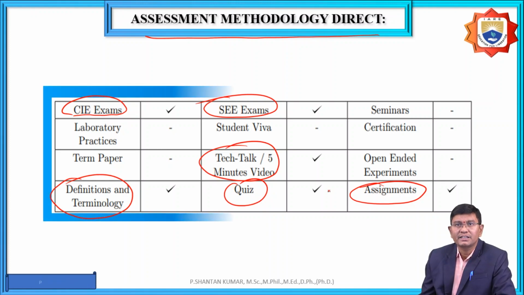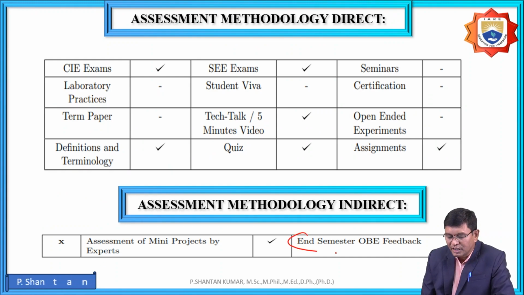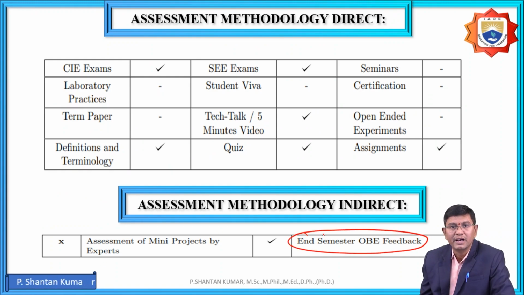And what is the indirect? The indirect assessment methodology is based on the end-semester OBE feedback, whatever the students wrote in the examination, the feedback of the students and also the head of the department. Giving that feedback is called the indirect procedure.